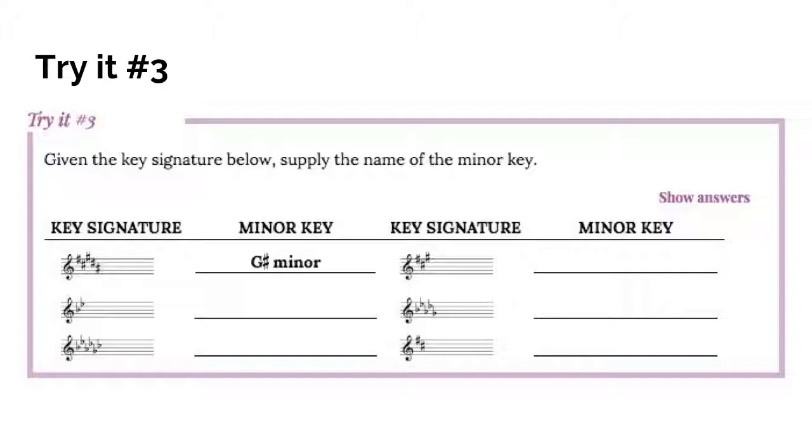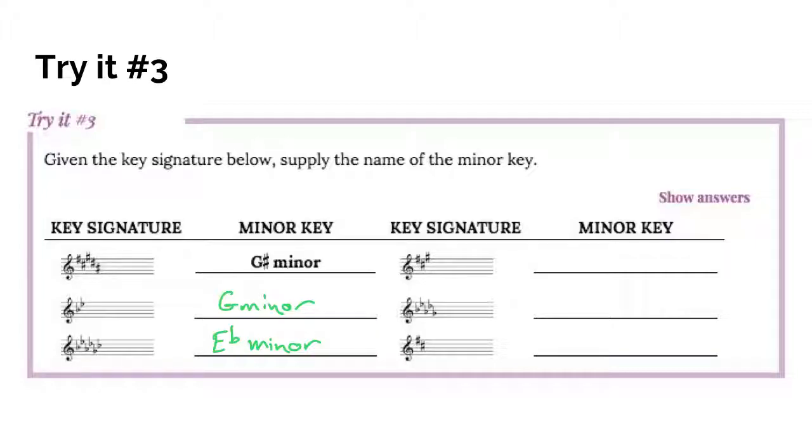If you look at the next one, we have 2 flats, which is B flat major. And if you go to its 6th scale degree, it is G minor. Then we go to the next one, which has 6 flats, which is G flat major, and its relative minor is E flat minor.